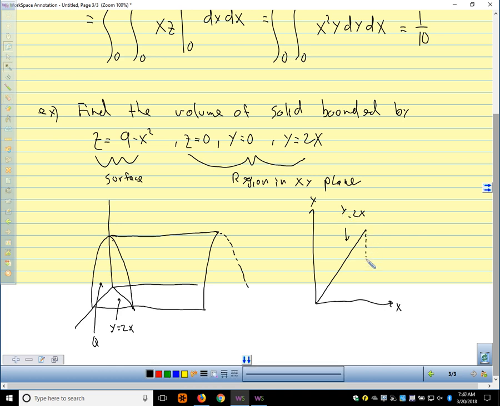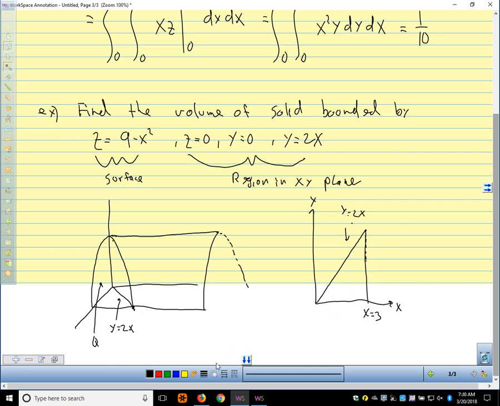And what is this point where they intersect? x equals 3. That's when z equals 0. x equals 3. All right, so this is our region in the xy plane.